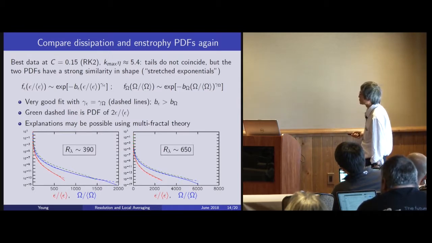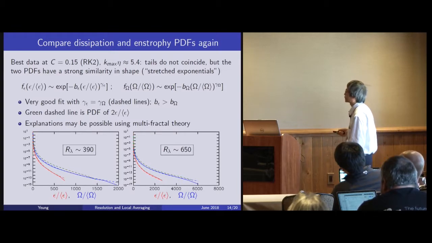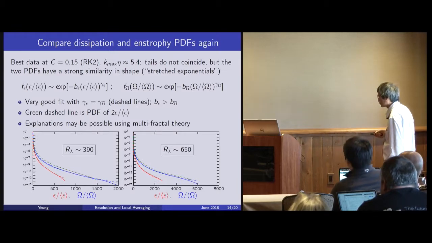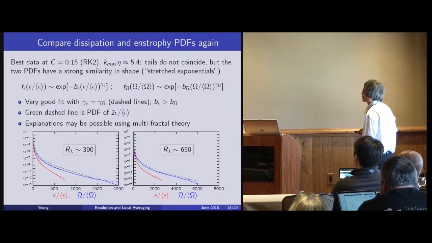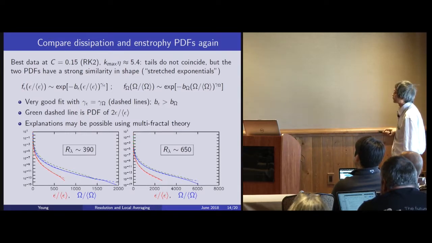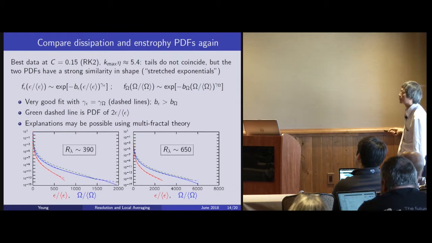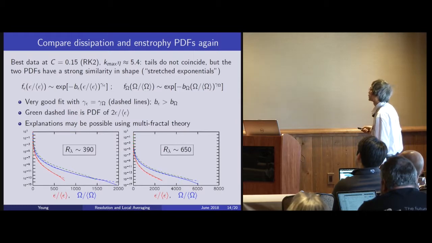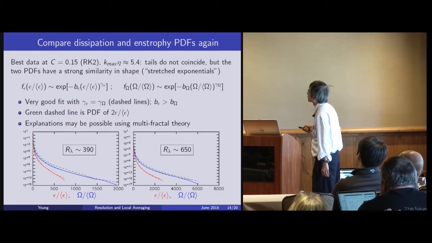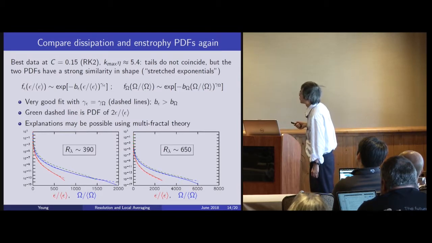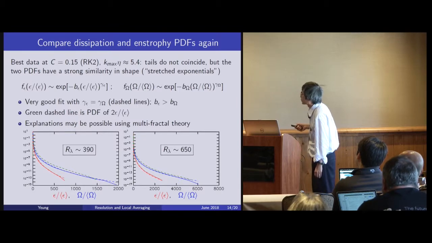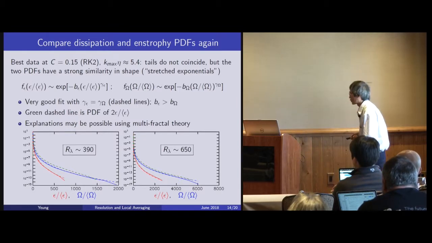They are not the same. They don't coincide at the tails, at the far values here. In particular, we find that they have a similarity in shape. In fact, both of them are well captured by a stretched exponential form. We find very good fits if we keep those exponents the same, but change this factor B epsilon or B omega.